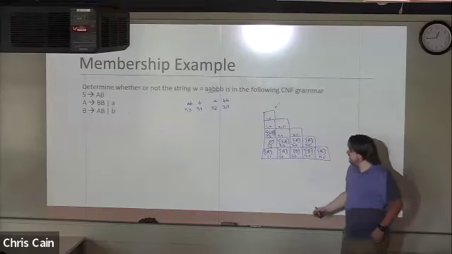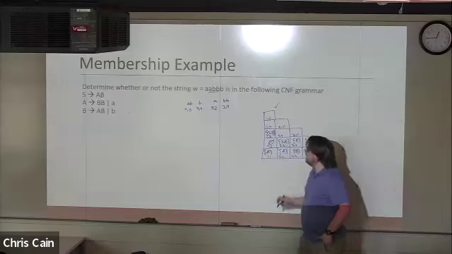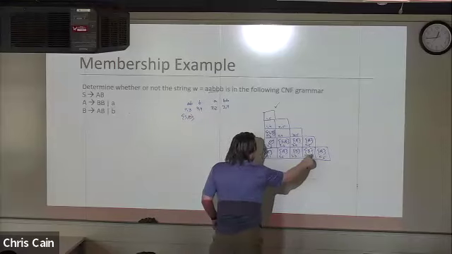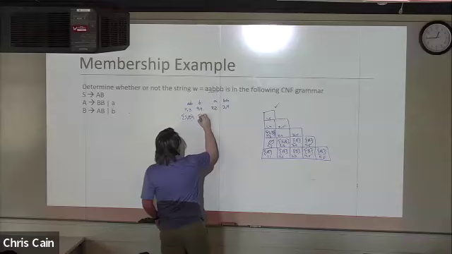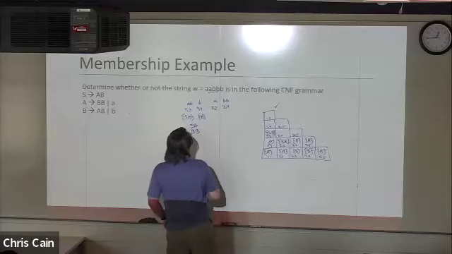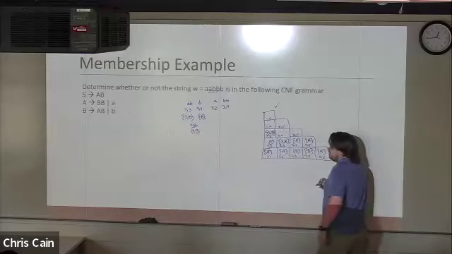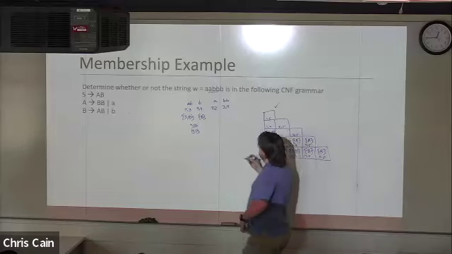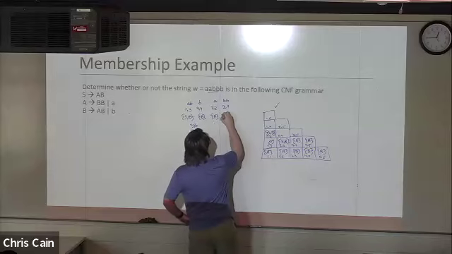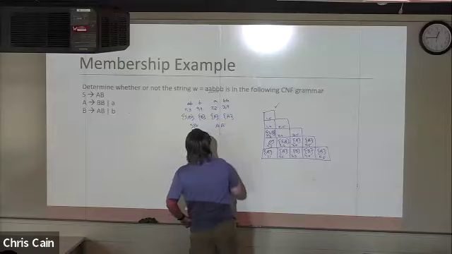Looking down into our table, 2, 3 is the set SB. 4, 4 is just B. Taking the cross product, this gives us SB or BB. 2, 2 was A. 3, 4 was A. Cross product just gives us AA.